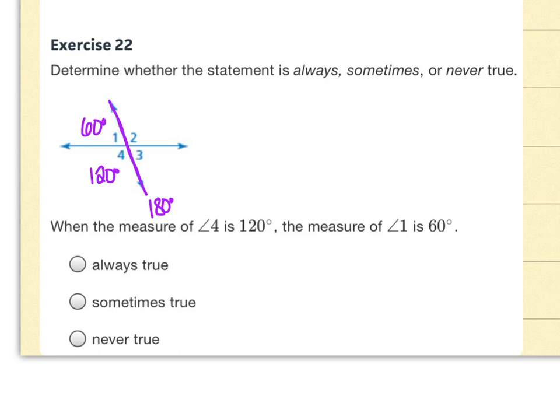These two angles are adjacent to one another, and together they form that straight angle. So together they should add up to 180 degrees, and 120 plus 60 is 180 degrees. So this is always true. If the measure of angle 4 is 120, angle 1 has to be 60. In fact, not just angle 1, but angle 3 would have to be 60 degrees as well.